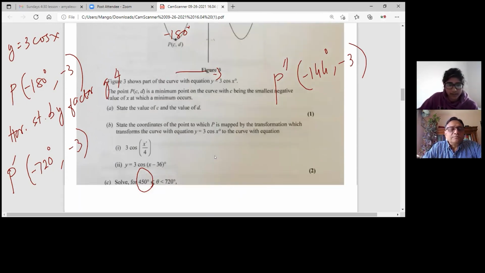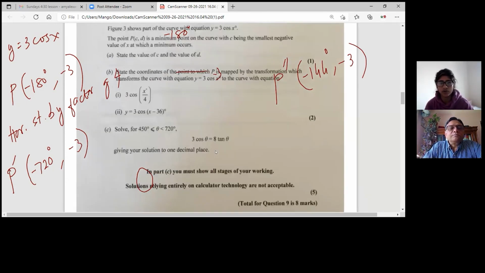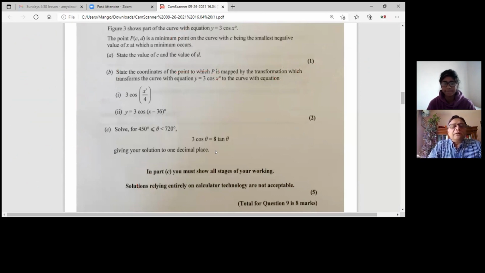So part C now. Solve for theta, which is between 450 degrees and 720 degrees, where 3 cos theta equals 8 tan theta, giving your solution to 1 decimal place. So this is an independent equation. Let's erase what we did earlier. Theta is between 450 and 720.